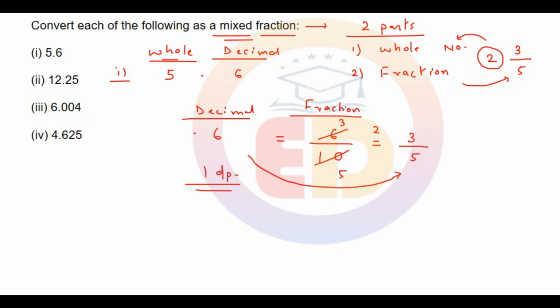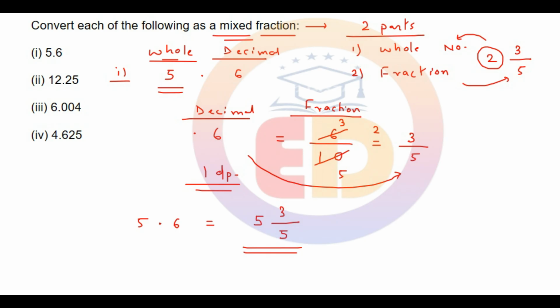Now let's write them together. Our whole number part is 5. Write down first 5. Our decimal part 0.6 becomes 3 upon 5. So write after 5, 3 upon 5. So 5.6 in a mixed fraction will become 5 whole 3 upon 5. This is our final answer.